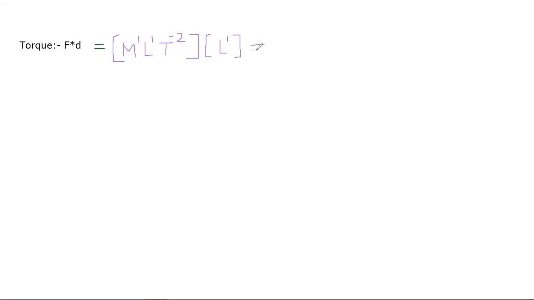You can have the multiplication of this L1 into L1. The powers get added, and finally you will get M1, L1 multiplied by L1 will give you L raised to power 2, and T raised to power minus 2.